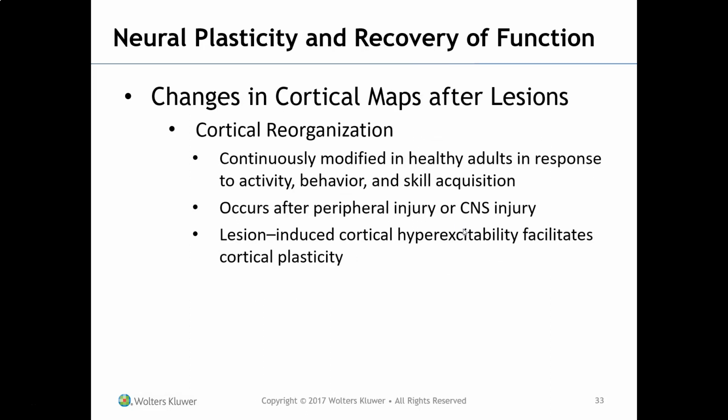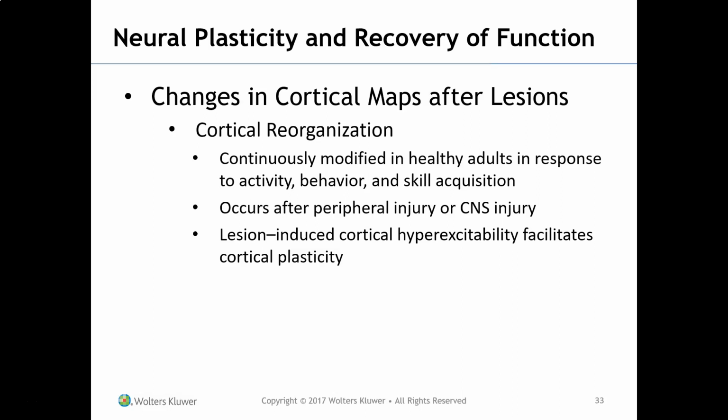Now, changes in cortical maps after lesions. Cortical reorganization is continuously modified in healthy adults in response to activity, behavior, and skill acquisition. So your brain is constantly changing. Those cortical maps are constantly changing. Now, this occurs after peripheral injury or CNS injury. So depending on where the injury occurs, the maps in your brain are going to change.